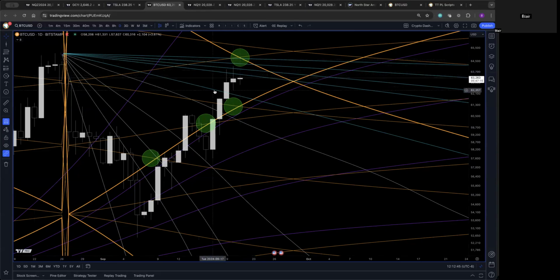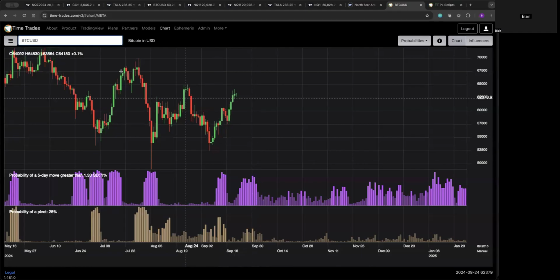So one of the things I'm going to suggest is that if we look at the machine learning here for Bitcoin, we see some pivots coming up September 27th through September 30th with some big moves. I'm not sure we've got the energy to keep moving up here.